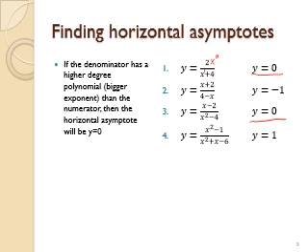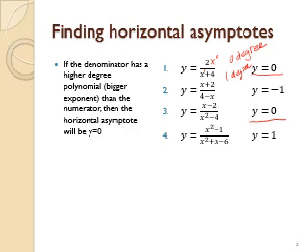So now when you look at that function, the numerator is 0 degree, and the denominator is first degree. And like the rule says, if the denominator is a higher degree, then the asymptote is 0.